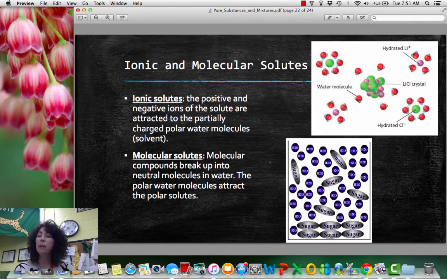When we're talking about molecular solutes, something like a sugar that's covalently bonded, they break into neutral molecules in the water, and then the polar water molecules attract the polar solute.